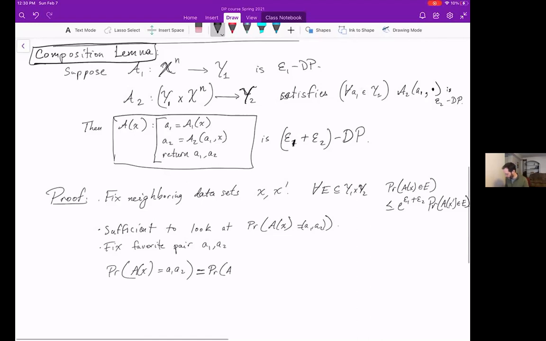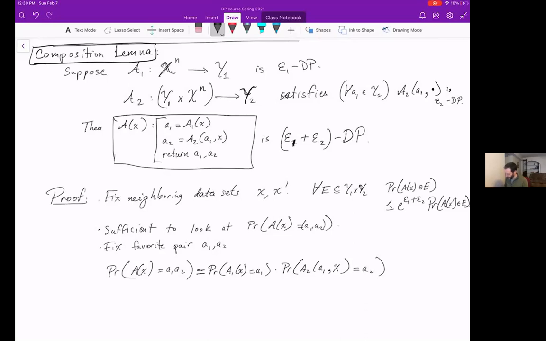First, the probability that A1 of X produces a1, times the probability that A2 of a1 and X produces this little a2.